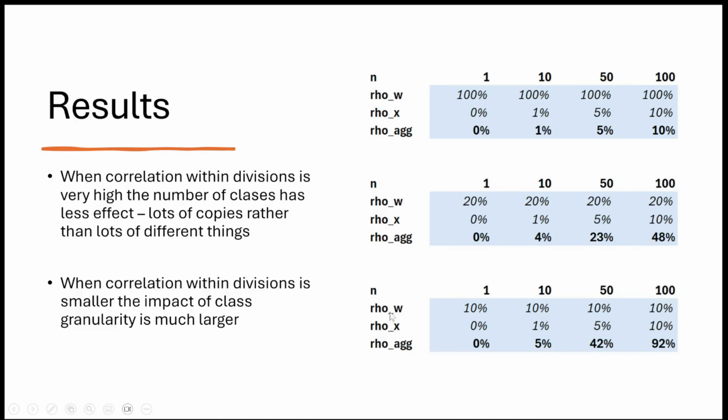And if you've got very weak correlation within the divisions, then this relatively small value for rho X, something like 5%, could magnify up to nearly 50%. If you've got symmetrical correlation, so within the divisions and across the divisions it's the same, when you aggregate up and look at the correlation across the divisions as a whole, you're getting close to 92%, which is a huge output figure.